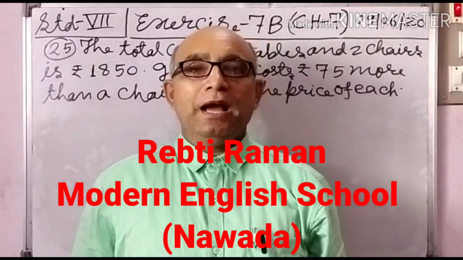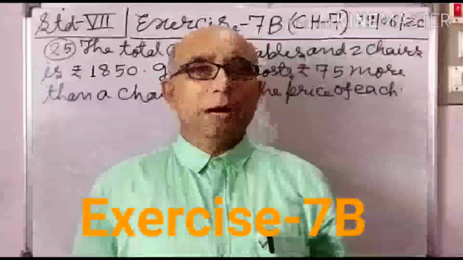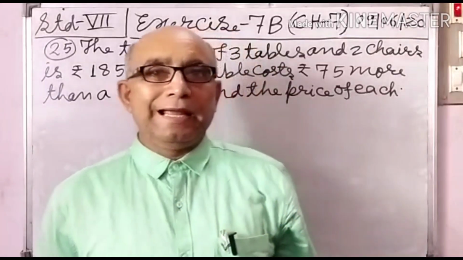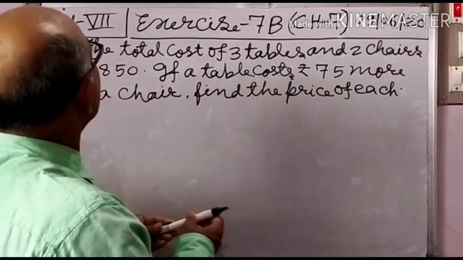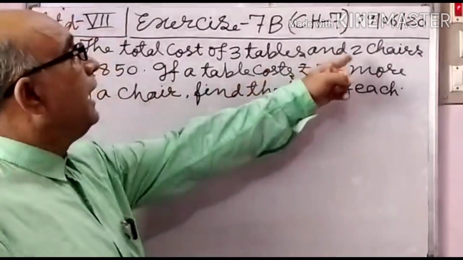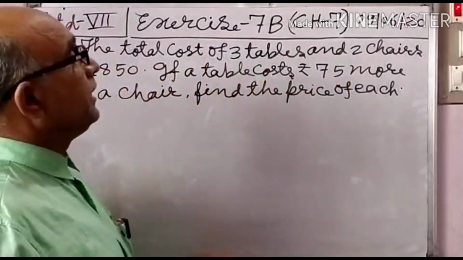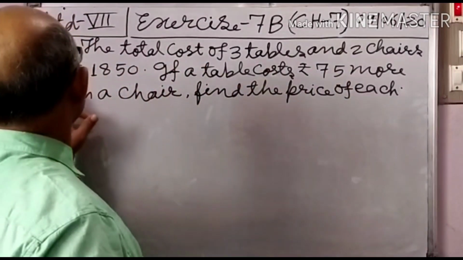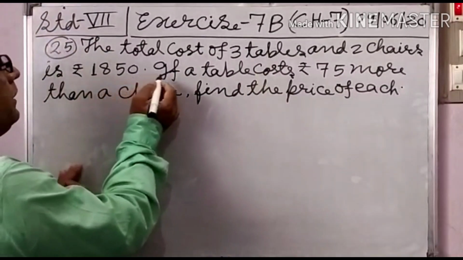Students, today I shall solve exercise 7B of chapter 7, question number 25. The total cost of 3 tables and 2 chairs is rupees 1850.